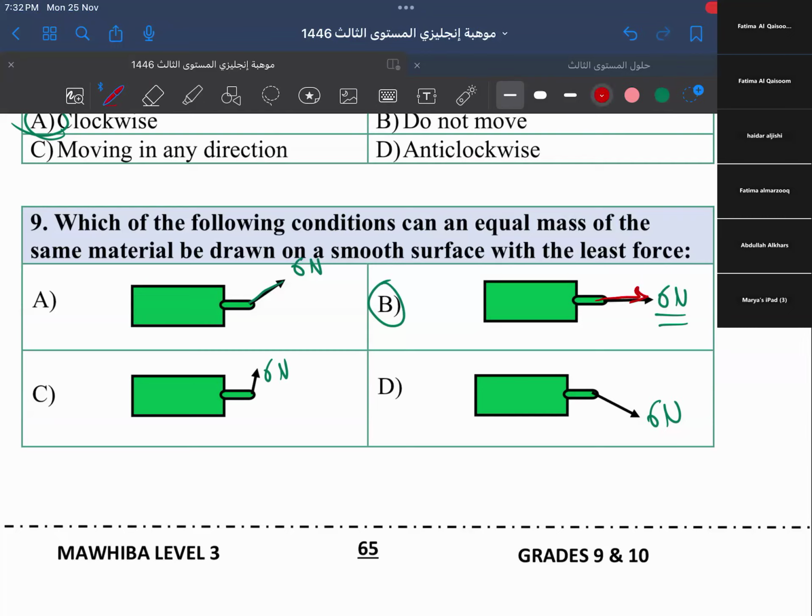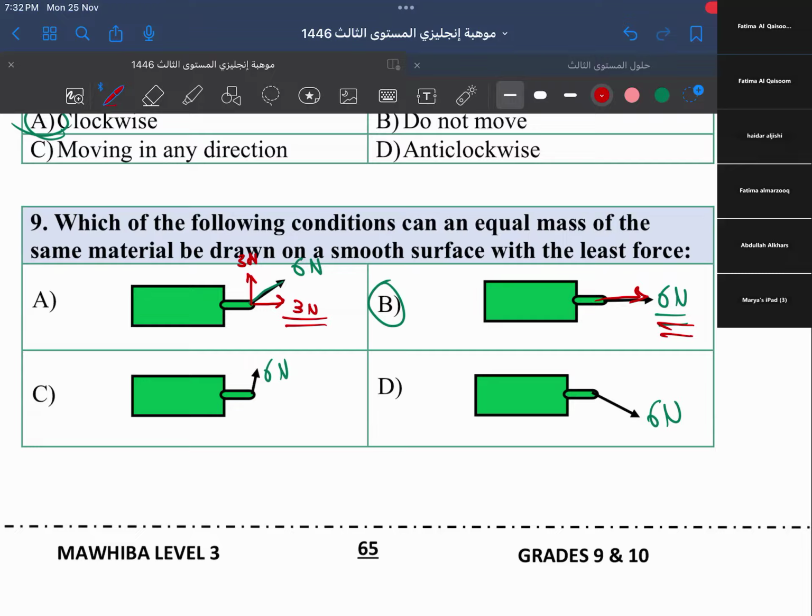Right? Yeah. But in this case, the 6 Newton will be divided into the right and above because it has some effect upward. So here it can be 3 Newton going to the right and 3 Newton having an effect going upward. So if I compare the 3 Newton here and the 6 Newton here, which one would have more effect?